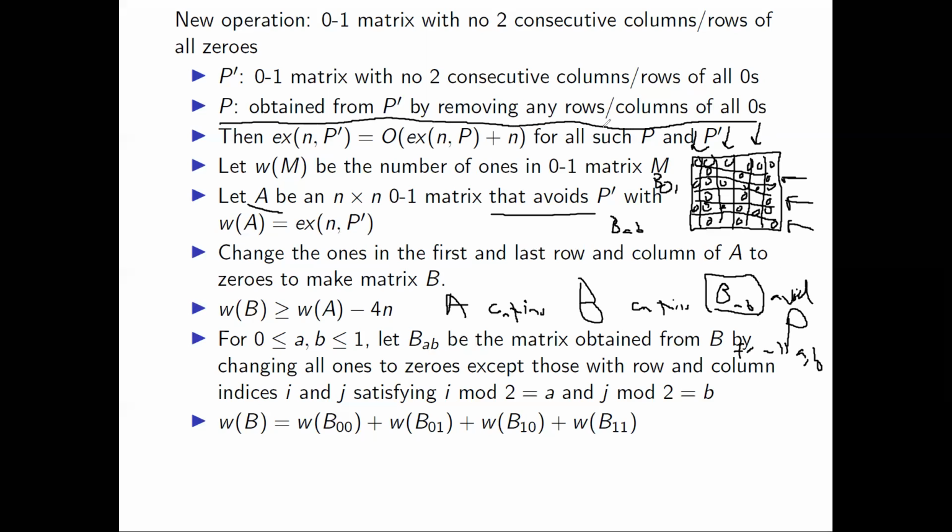And why is this? Well, we can assume that if BAB did contain P, so we had some copy of P in this BAB right here, that copy of P has to be on rows and columns that were not zeroed.